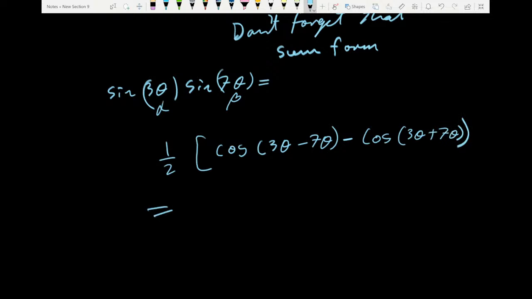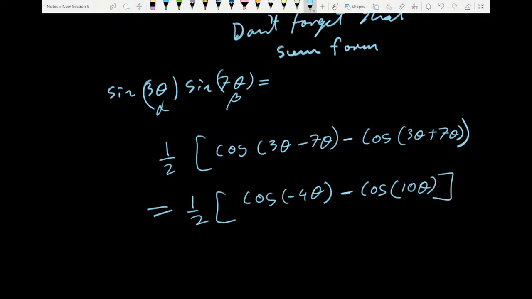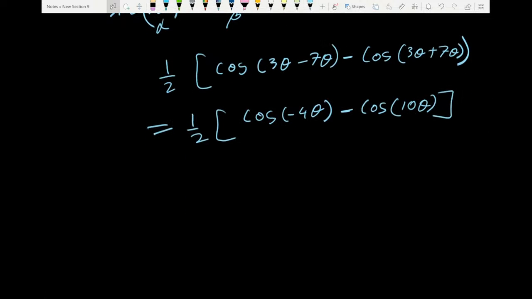And we could simplify that a little bit more. Do not put 1/2 inside that. It becomes cosine of -4 theta, and this becomes cosine of 10 theta. We can simplify this one a little bit more.